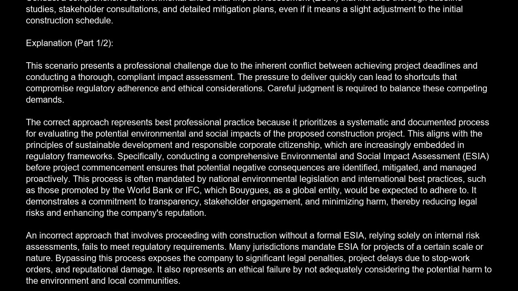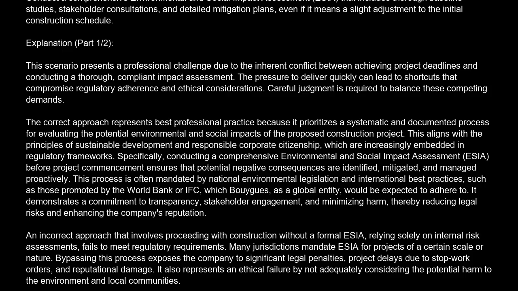This process is often mandated by national environmental legislation and international best practices, such as those promoted by the World Bank or IFC, which Bouygues, as a global entity, would be expected to adhere to. It demonstrates a commitment to transparency, stakeholder engagement, and minimizing harm, thereby reducing legal risks and enhancing the company's reputation.